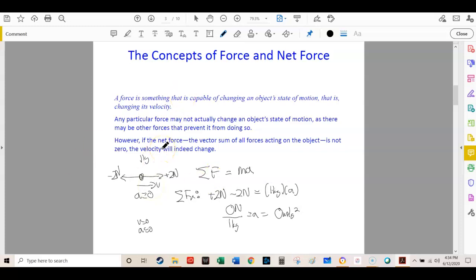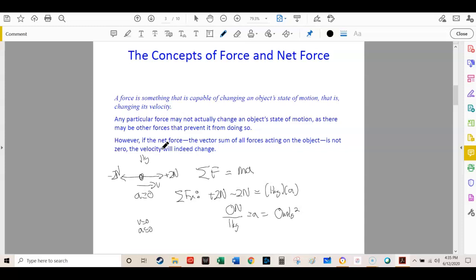Just because you have forces acting on an object doesn't mean that the object is going to be accelerating, right? When you sum up forces, sometimes they cancel each other out, kind of like the spring scale problem in the last case, with the two 5 newton forces working down on it.